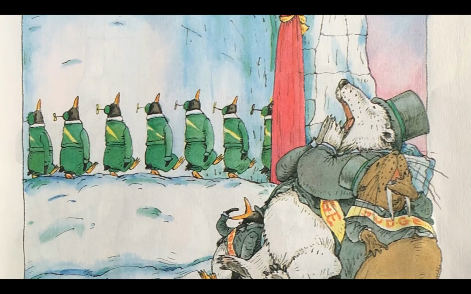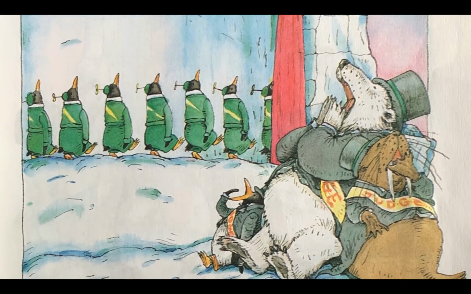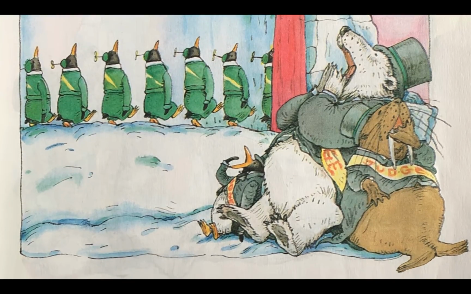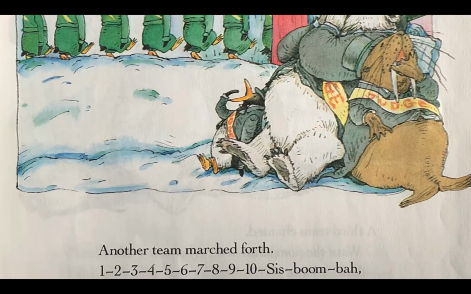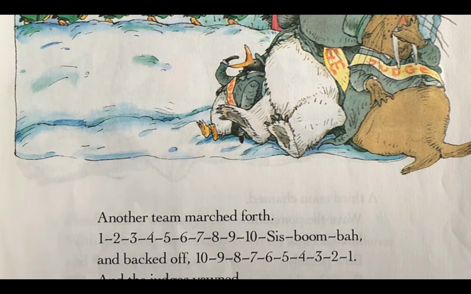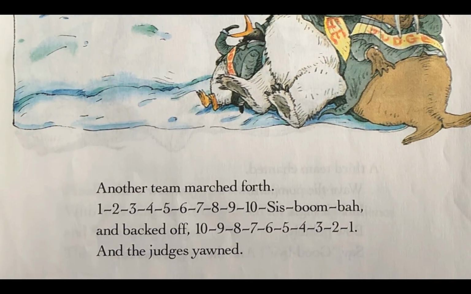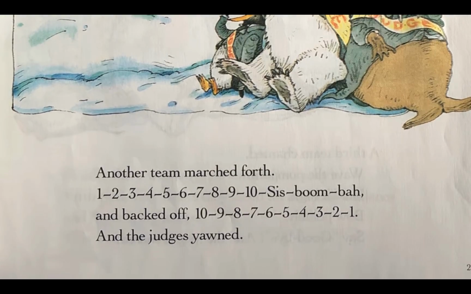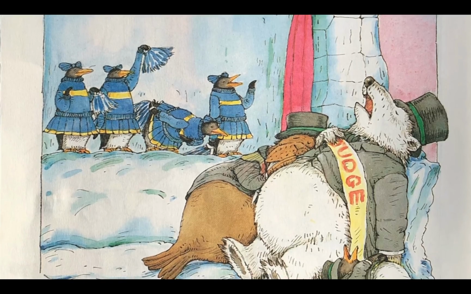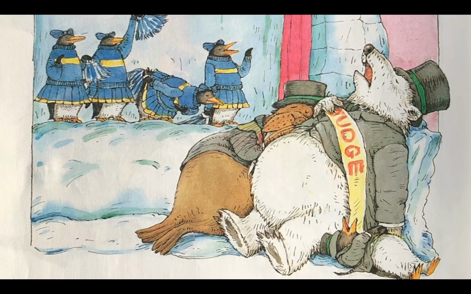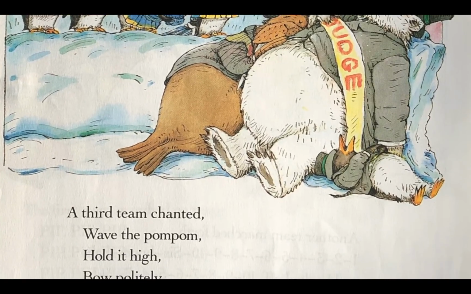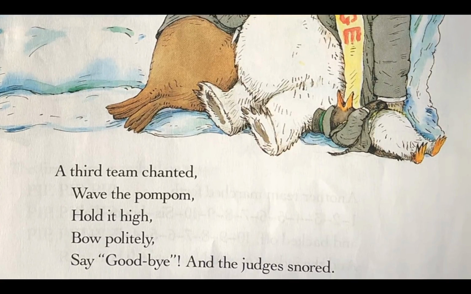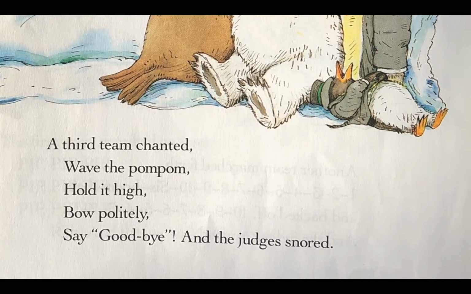Another team marched forth. 1, 2, 3, 4, 5, 6, 7, 8, 9, 10, sis, boom, ba, and backed off. And the judges yawned. A third team chanted, wave the pom-pom, hold it high. Bow politely, say goodbye. And the judges snored.